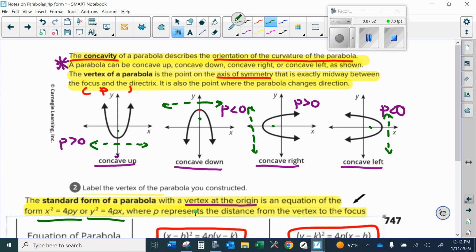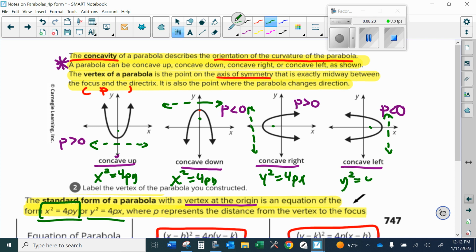If the parabola opens up or down, which is concave up or concave down, it's going to be of this first form, x squared equals 4py. If it opens left or right, it is now the reverse, switch the x and the y. So we have y squared equals 4px.